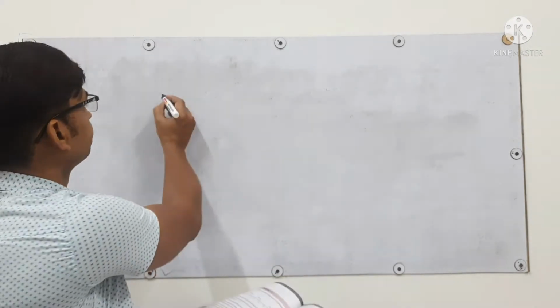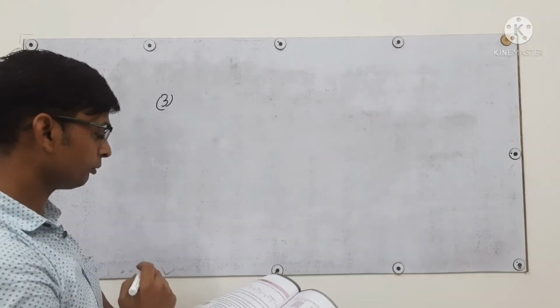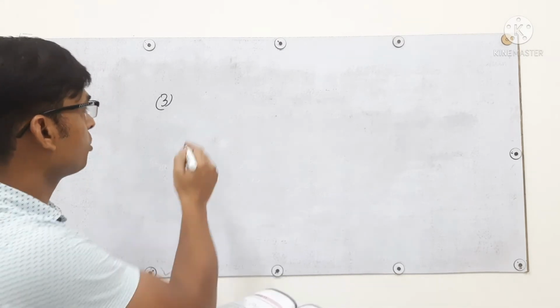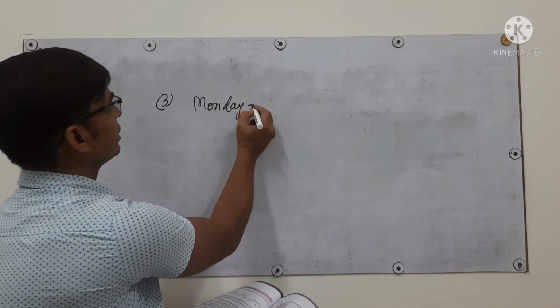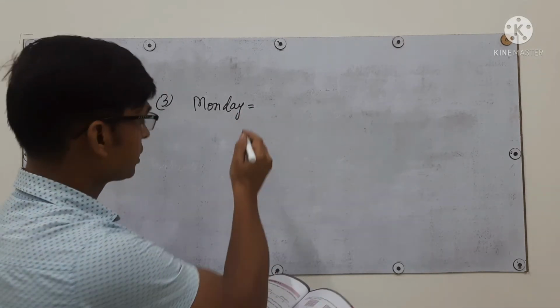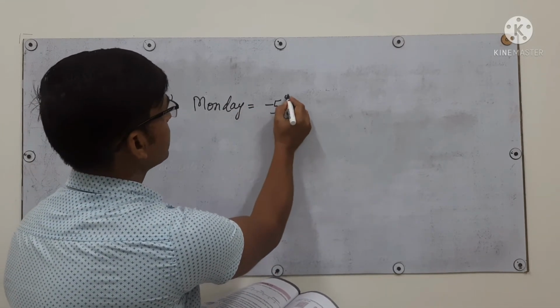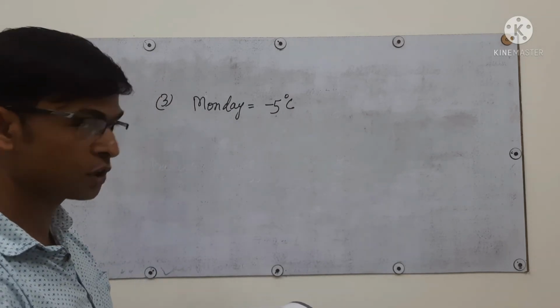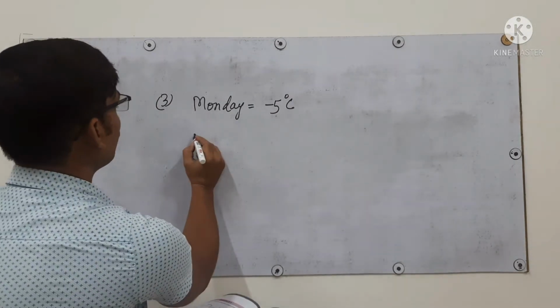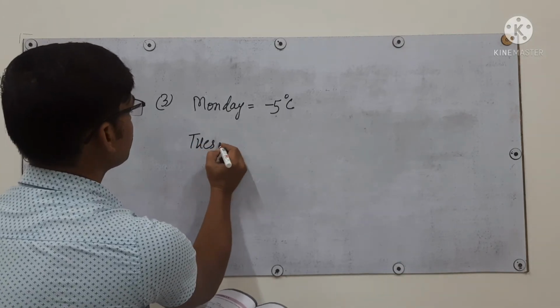Okay, so I am just writing here, temperature on Monday. Monday temperature is given as -5 degrees Celsius. Then we have to find the temperature of Tuesday and Wednesday. So what will be the temperature on Tuesday?